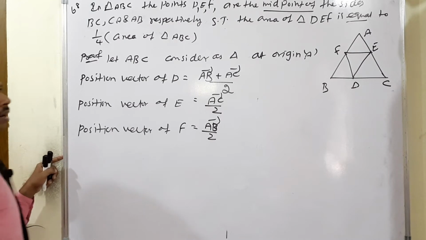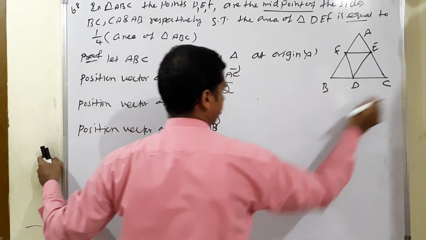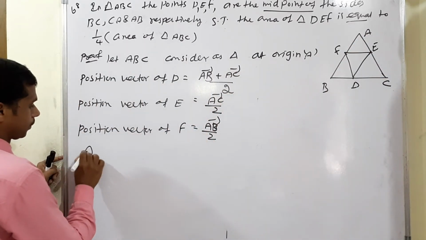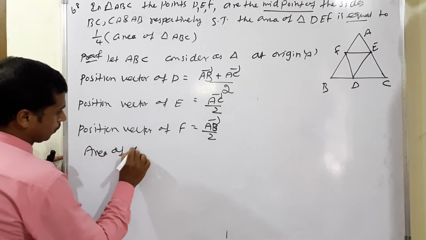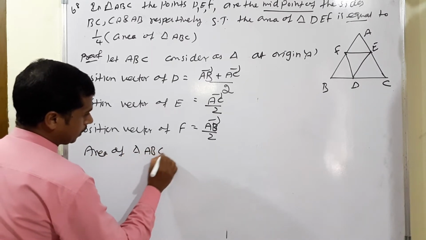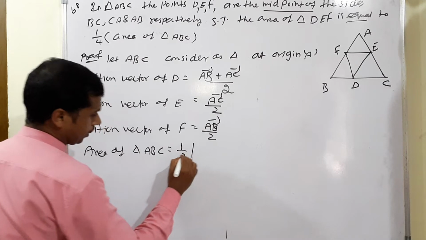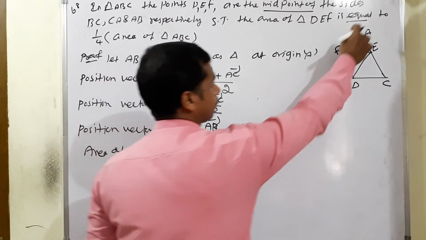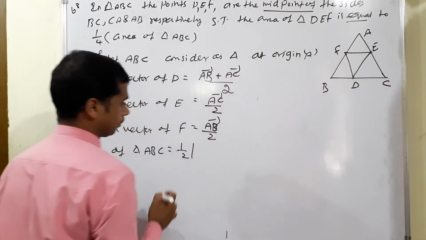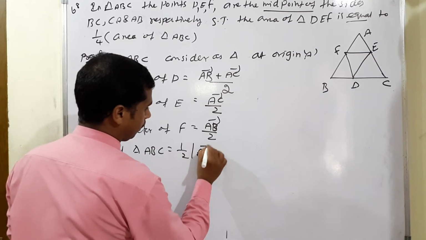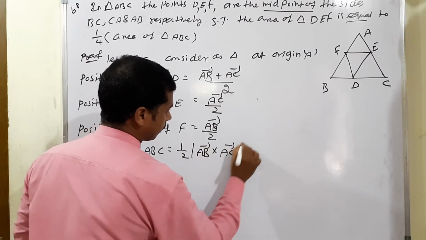Next one, area of the bigger triangle ABC. Area of triangle ABC is equal to half into base into height, the basic condition. But here consider AB vector cross AC vector, isn't it?